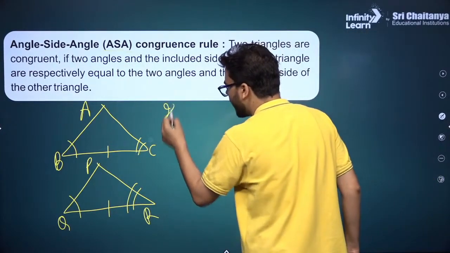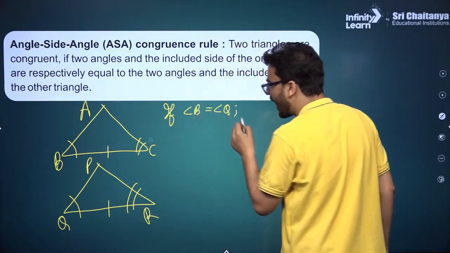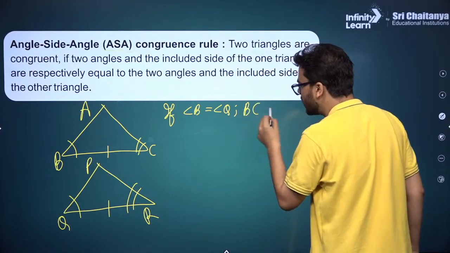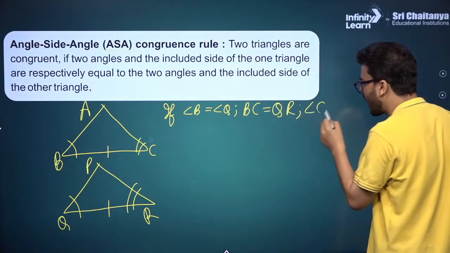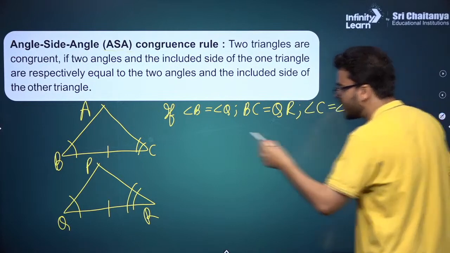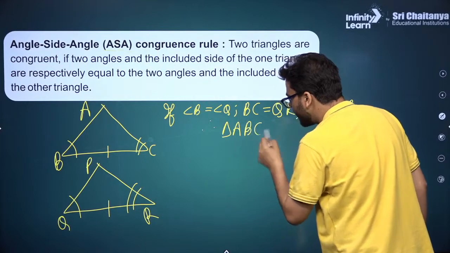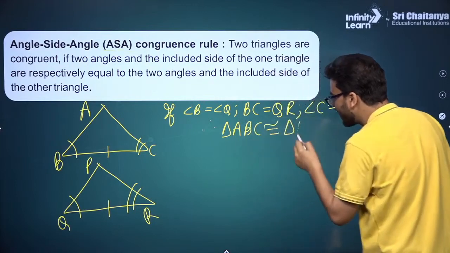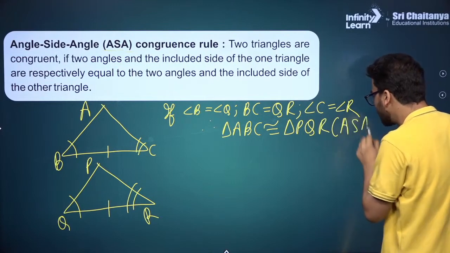So if over here we have been given that angle B is equal to angle Q, and it is given that BC is equal to QR, and it is given that angle C is equal to angle R, then we can say over here that triangle ABC is congruent to PQR, and you will write the reason in the bracket as ASA congruency criterion.